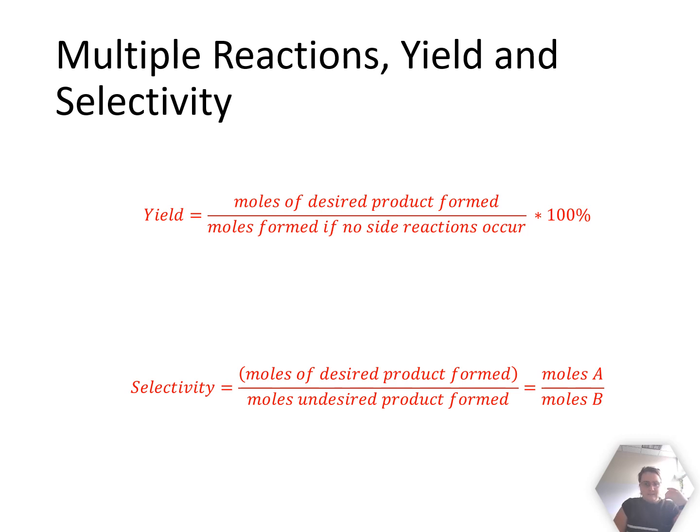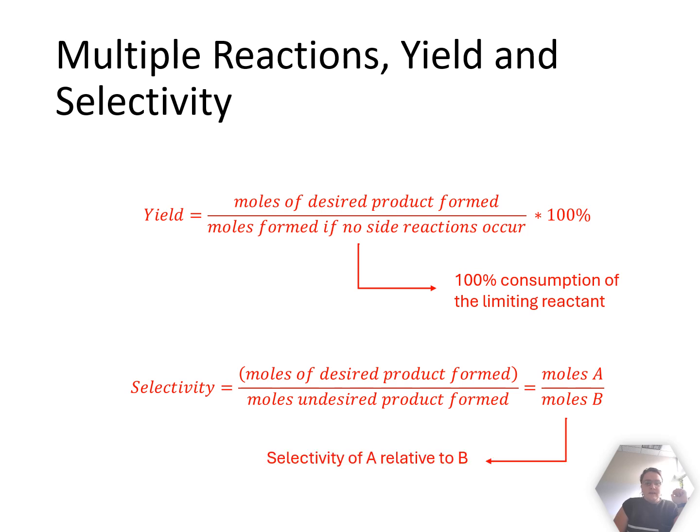So yield itself is looking primarily at 100% consumption of the limiting reactant, right? So that's what that denominator is representing. The numerator is the same in both yield and selectivity, but in yield, the denominator is related to 100% consumption of the limiting reactant.